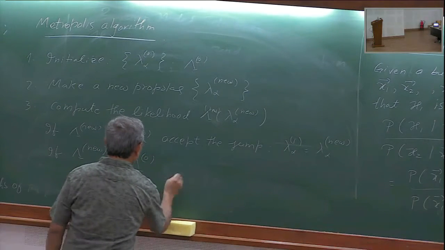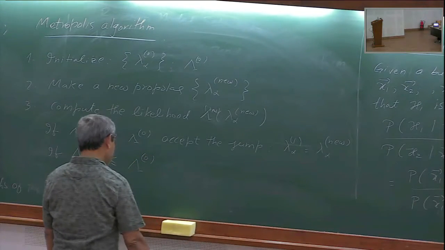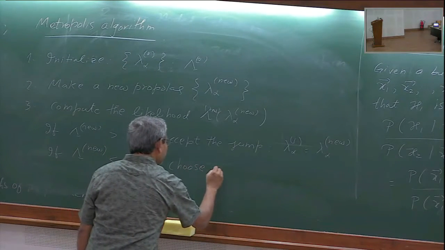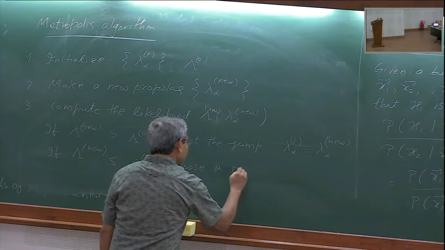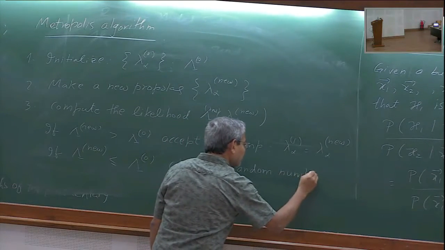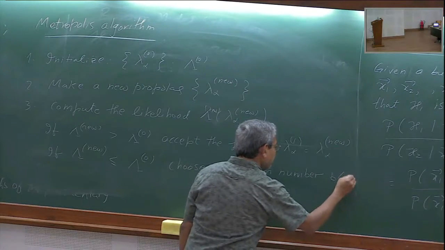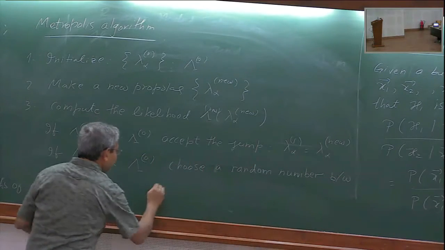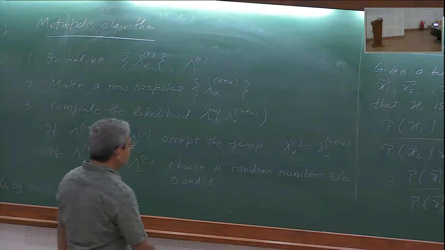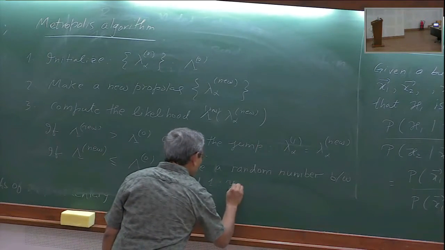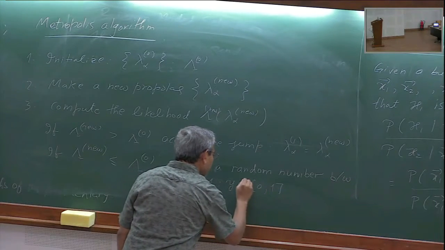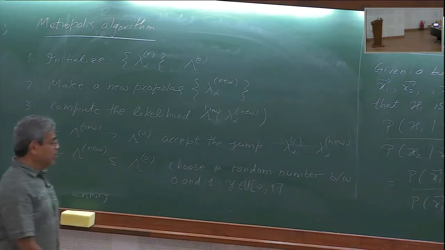If this is so, choose a random number between 0 and 1. So you're going to simply generate a y belonging to a uniform distribution between 0 and 1.